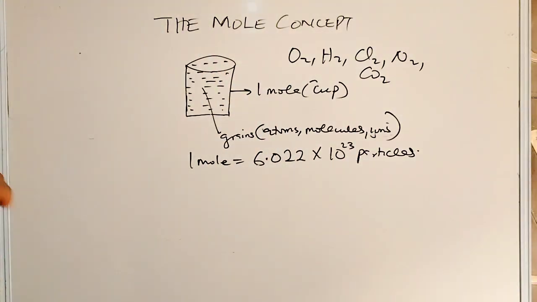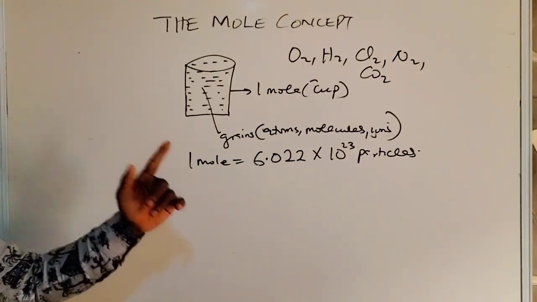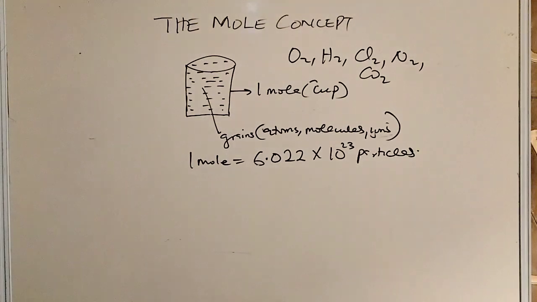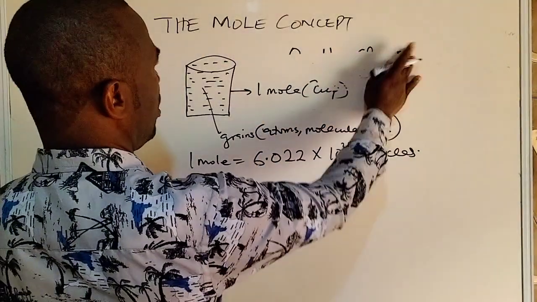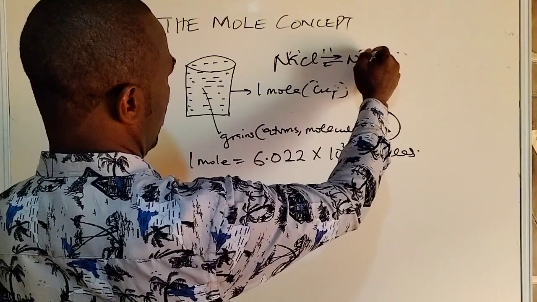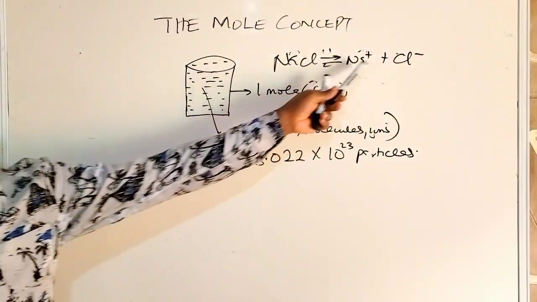So for 1 mole of an element, you need this number of atoms. For 1 mole of a gas, you need this number of molecules to have 1 mole. That is it. Then, if we have a solution like sodium chloride dissolved in water, it gives you sodium ions and chloride ions.